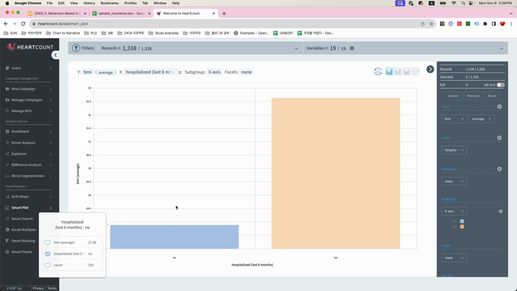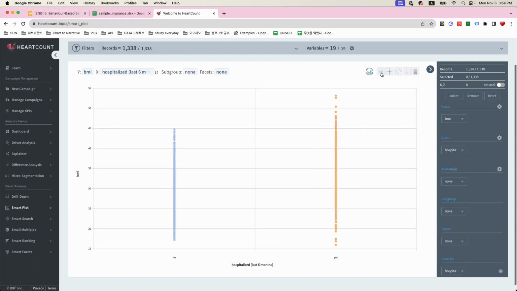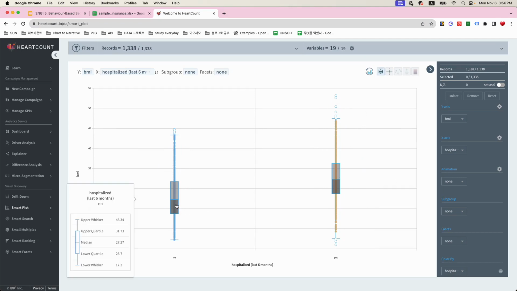However, our question is whether this difference is substantial or statistically different. We can discuss this by looking at the box plot again, the distribution, or if necessary, delve directly into statistical significance.